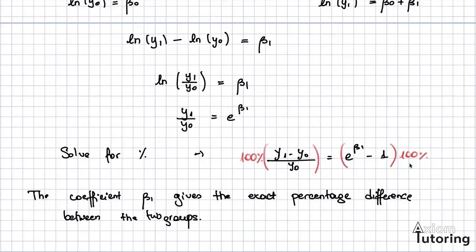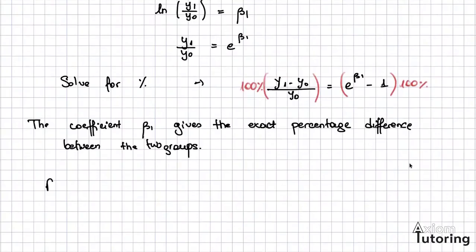The same rules that we have learned in the log level model will apply also in here, which means that for small beta 1s, e to the power beta 1 minus 1 will be approximately simply beta 1.